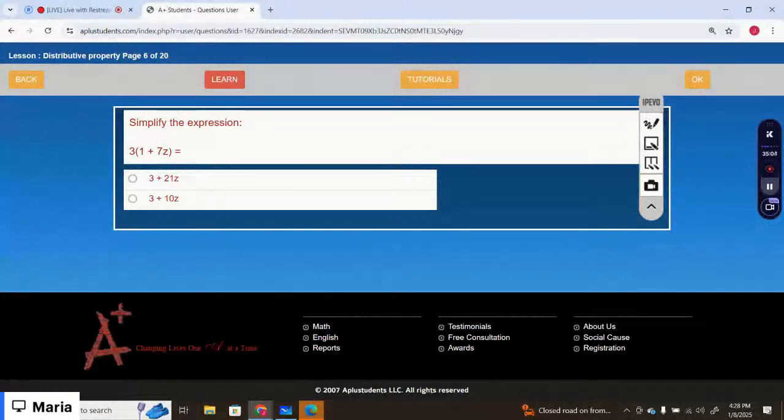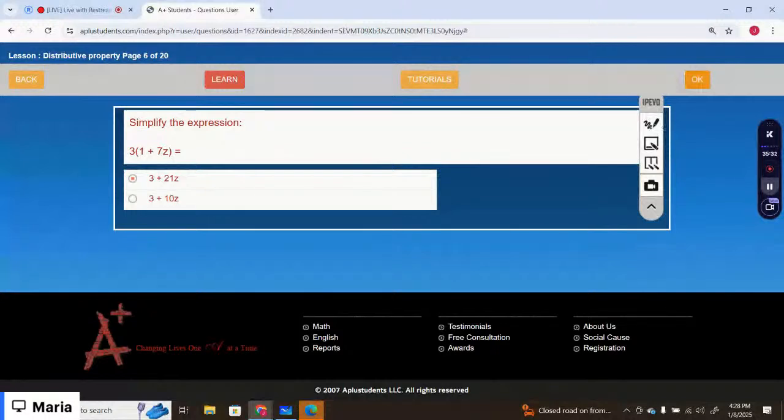Simplify the expression 3 times (1 plus 7z). So, which is the correct option? That is 3 plus 21z.